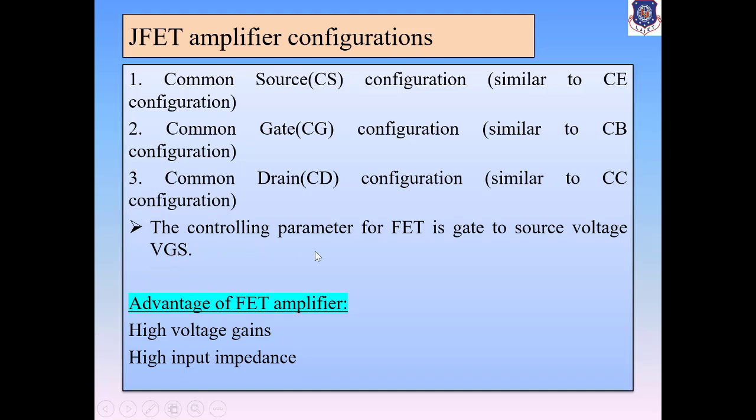The controlling parameter of FET is the gate to source voltage. Obviously in the output characteristic, ID versus VDS in JFET, ID is the drain current and it is controlled by VGS, the gate to source voltage.